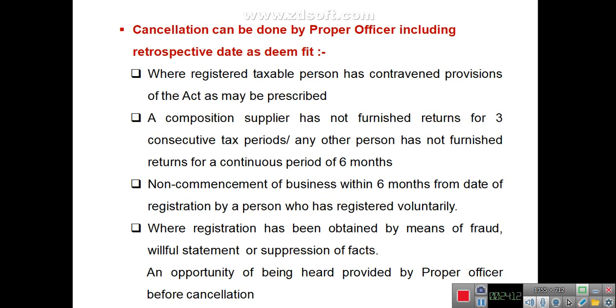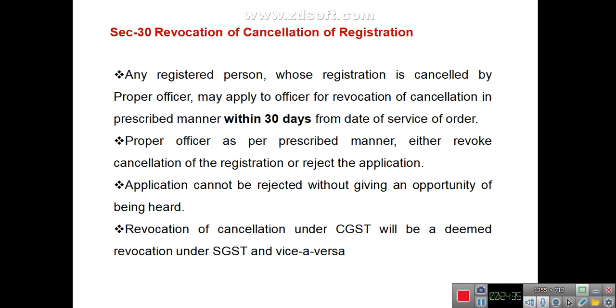In case of non-commencement of business within 6 months from the date of registration, the proper officer may also cancel the registration. Where registration has been obtained by means of fraud, willful misstatement or suppression of facts, then after giving an opportunity of being heard, the proper officer may cancel the registration.